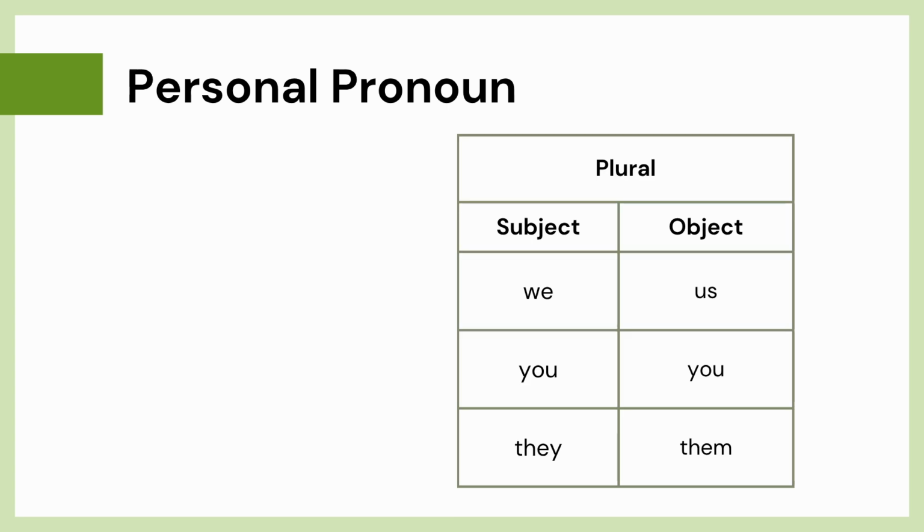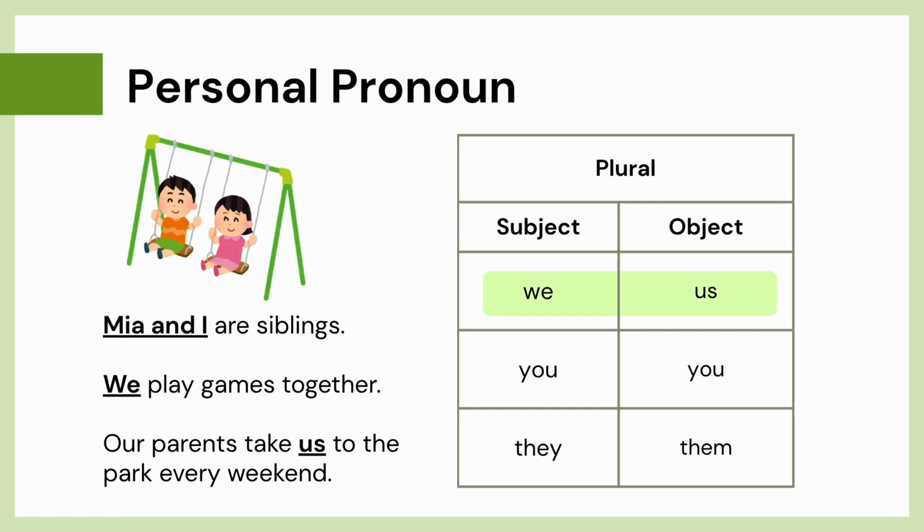Now let's review the plural forms with the subject and object pronouns. Again, we'll go through them one by one to understand them easily. Let's start with the first example. Mia and I are siblings. What pronoun do you think we can use with the nouns Mia and I?